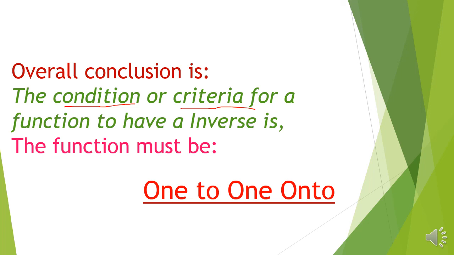If the function is 1 to 1 onto, then only is the inverse of a function possible, it exists. Otherwise, in the rest of the cases inverse does not exist.